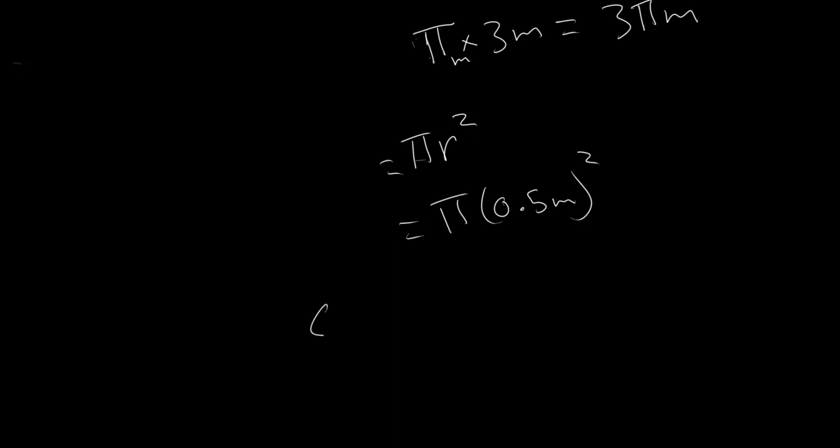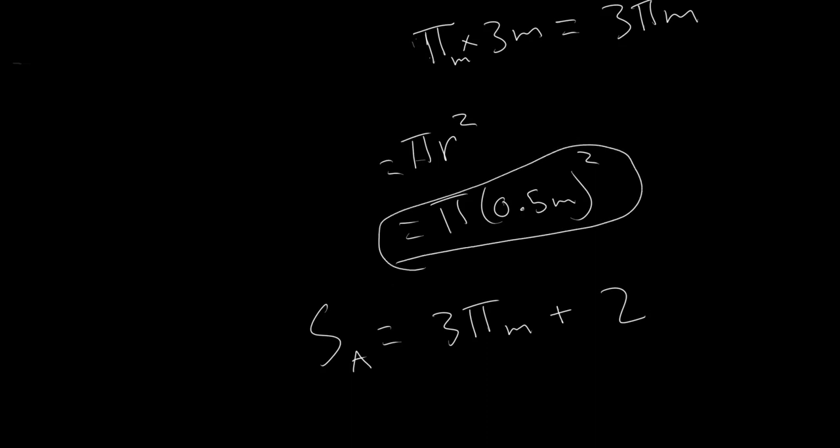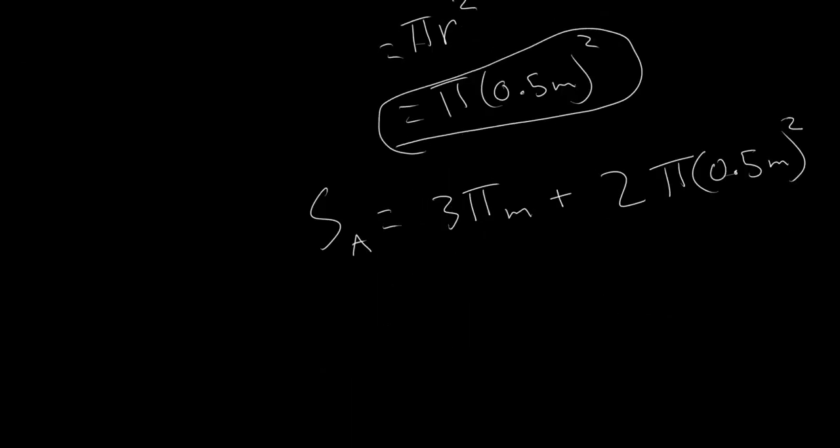And our total surface area is going to be equal to 3 pi meters plus 2 of these end caps, 2 pi times 0.5 meters squared. And if we plug all of this into a calculator, we'll find the surface area to be 10.995, but we'll round that up to 11 meters cubed.